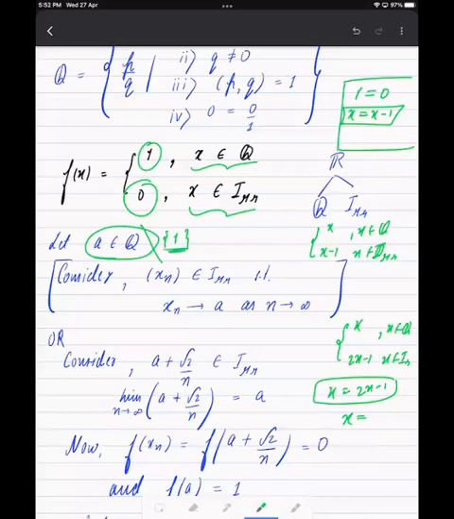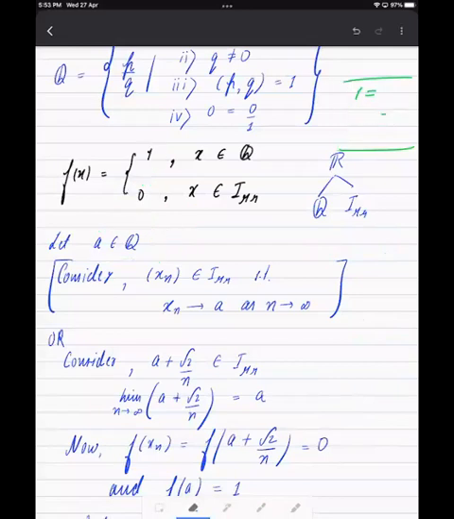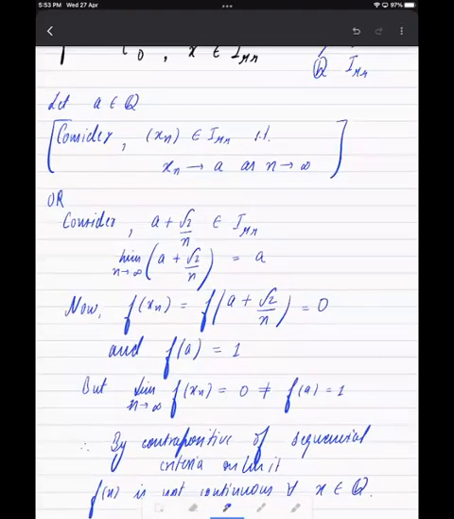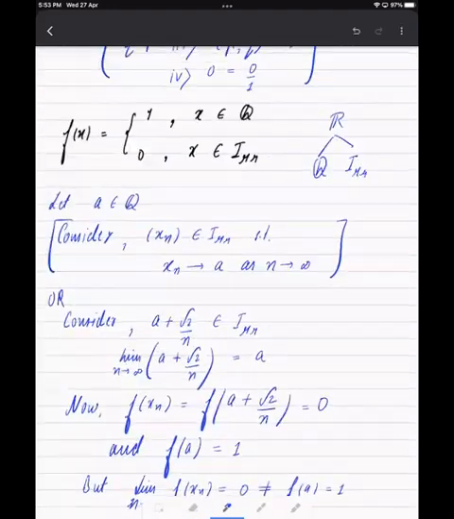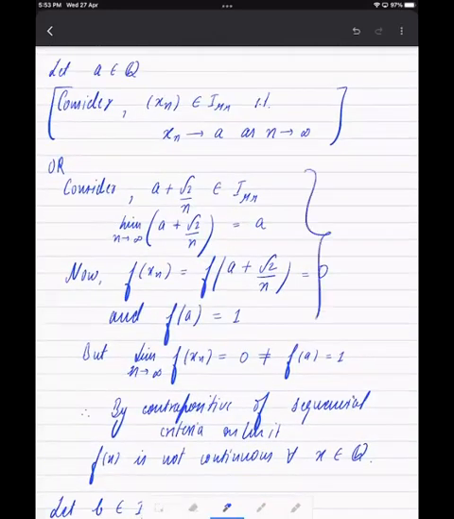You can follow the same proof otherwise. In the question that I have taken, it is not continuous at any point. So what I'll do is let b belong to irrational.